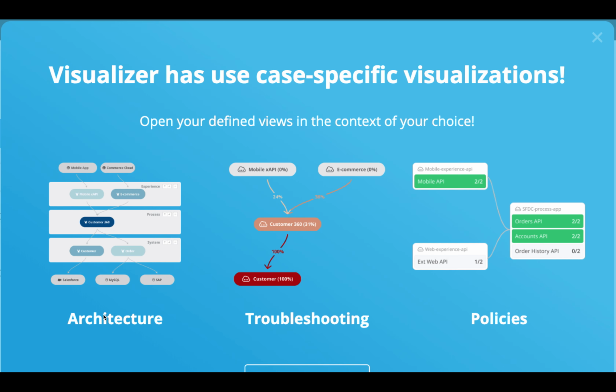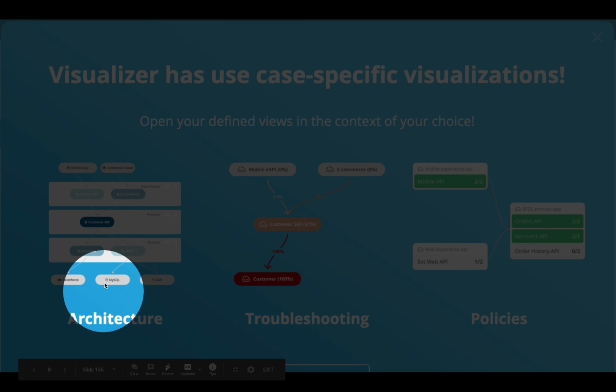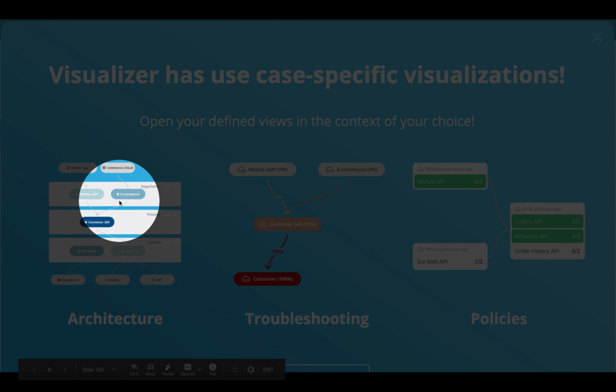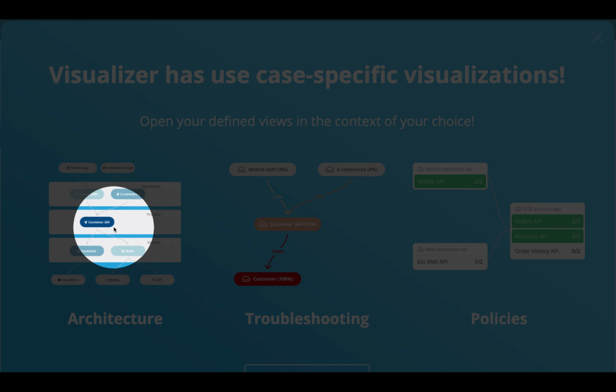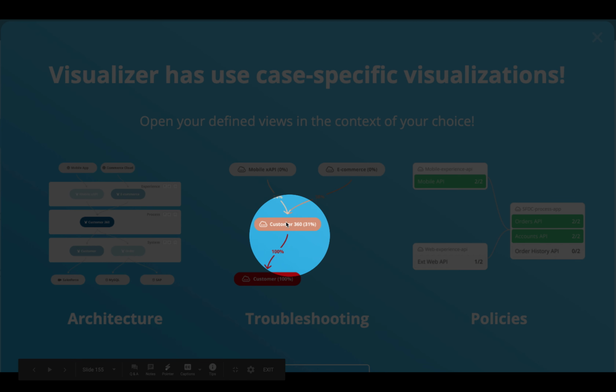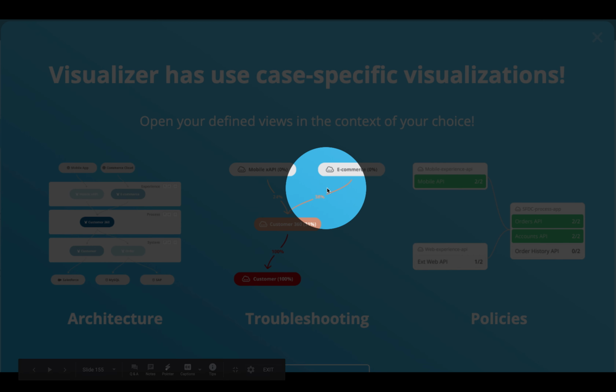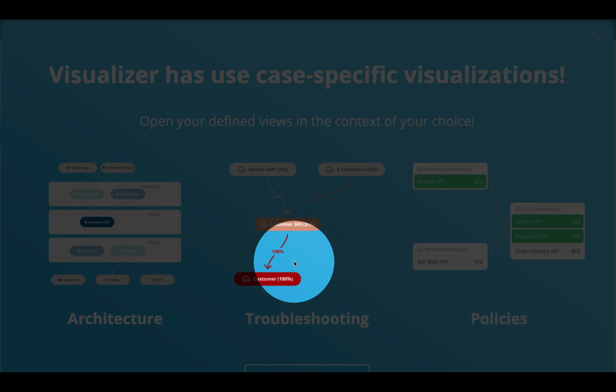The visualizer is where it usually all begins and what really attracts people to our monitoring solution. We're able to actually use visualizer to see, is the architecture that's actually implemented, did it match what we had architected in the design stage? We can look at the troubleshooting side of this, and when something's going wrong, know all of those things upstream that are impacted by the failing component, as well as be able to drill in and immediately find the identification of the problem.